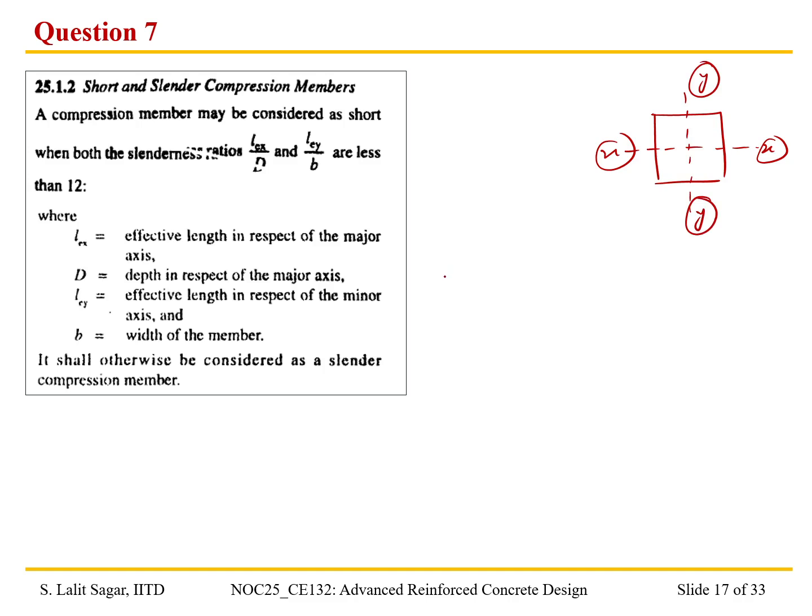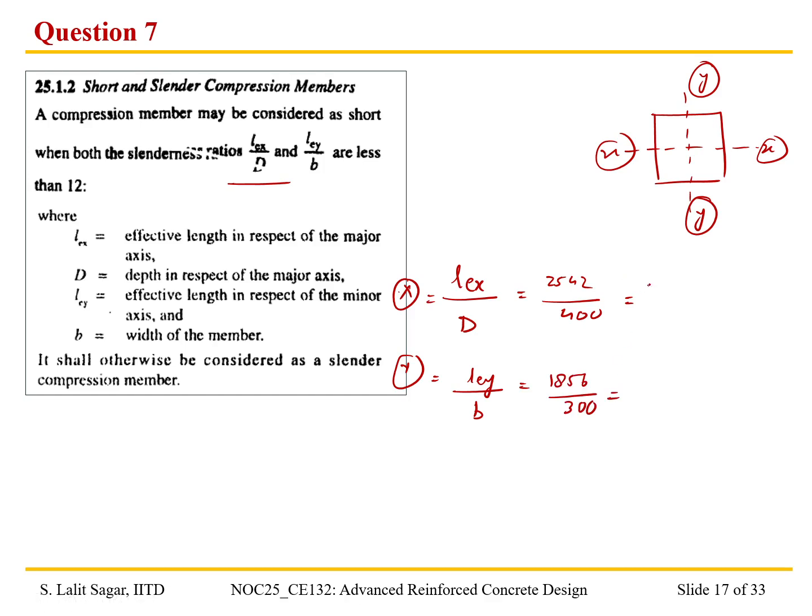Slenderness ratio about the x-axis is LEX by D. Slenderness ratio about the y-axis is LEY by B. Okay, so we have LEX by D is 2542 divided by 400, and LEY is 1856 divided by 300, which gives us a value of 6.36 and 6.19.